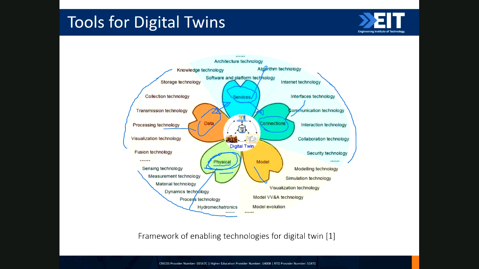Basically, there are 6 connections for DT. They all actually interact among themselves. Services do interact with data and data with services. Services do interact with model and model with services. Physical and model, model and data. So these 6 different kinds of connections are needed there in digital twins.